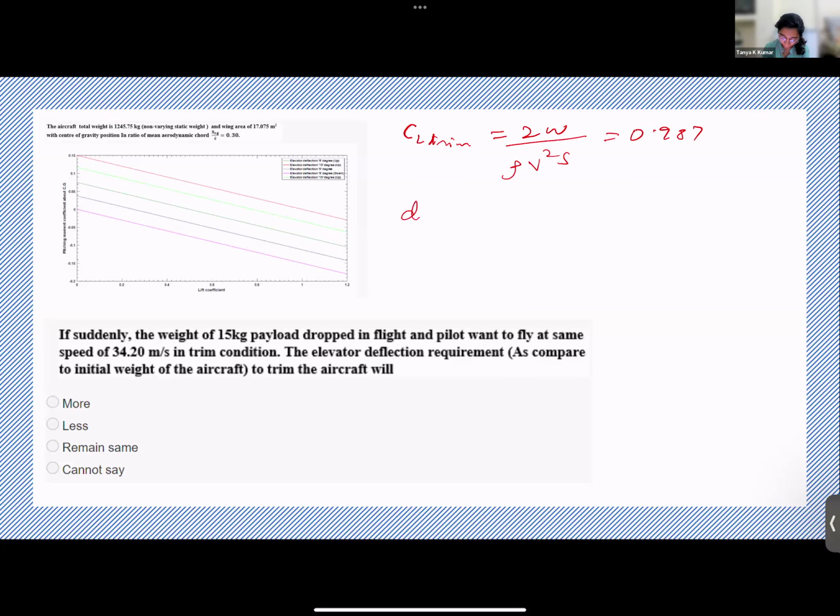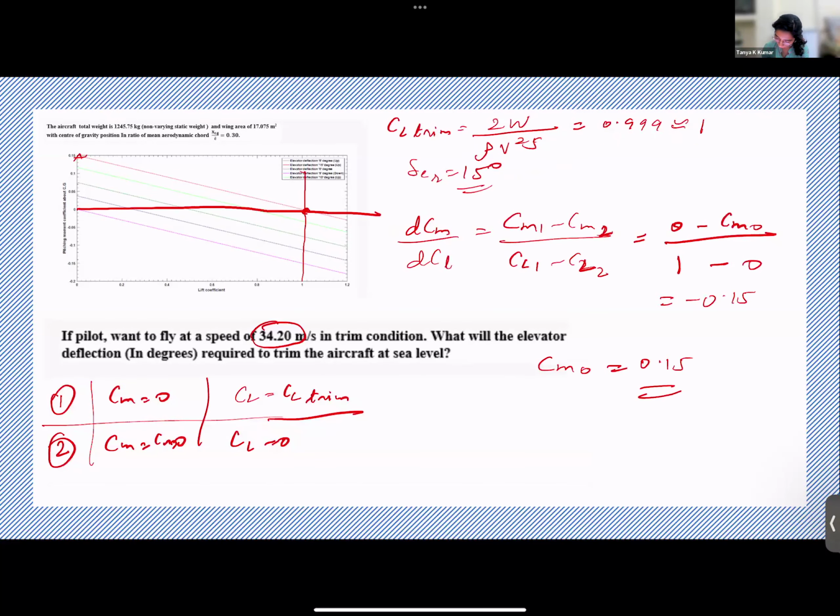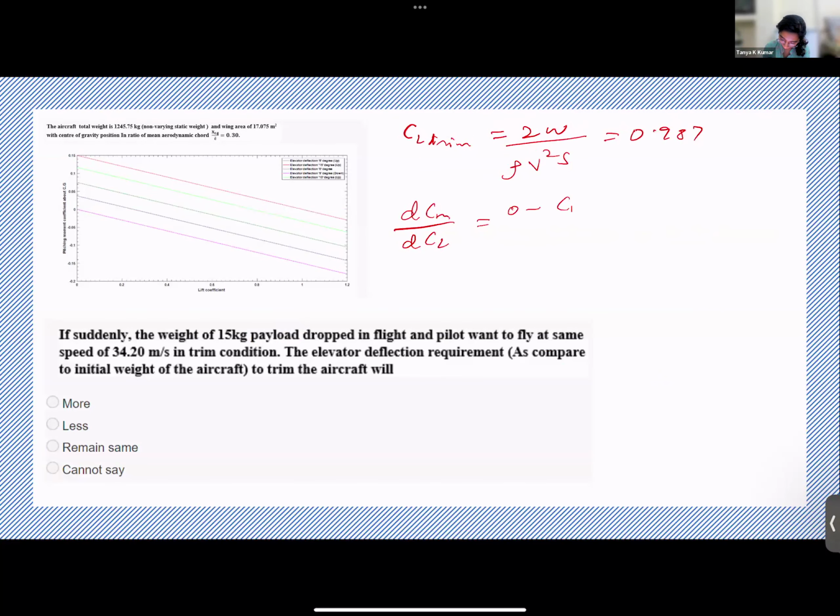Now write down your equation again. DCM by DCL, what was it? 0 minus CM naught over 1 minus 0. It won't be 1, it will be 0.987 minus 0, which is minus 0.15. Then your CM naught value here will be around 0.14.